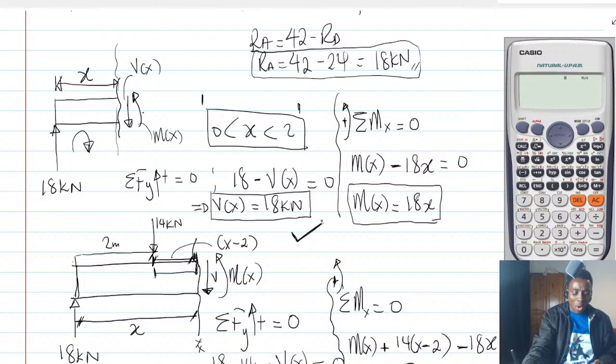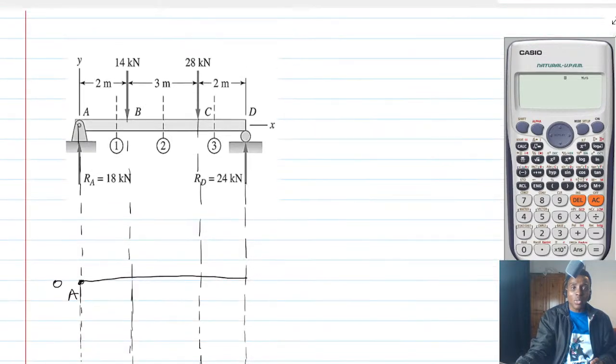It didn't depend on the distance. So everywhere from A to B it was 18 kilonewtons, which is telling us that the shear force was constant from A to B. Right?